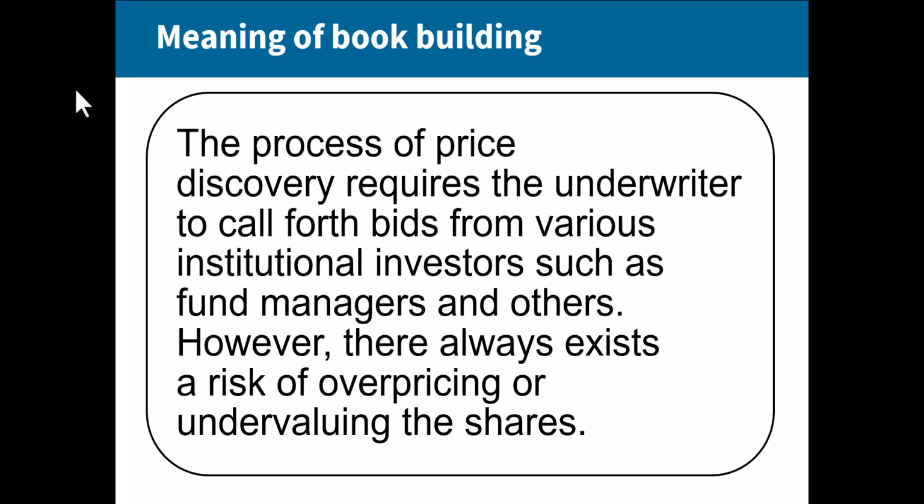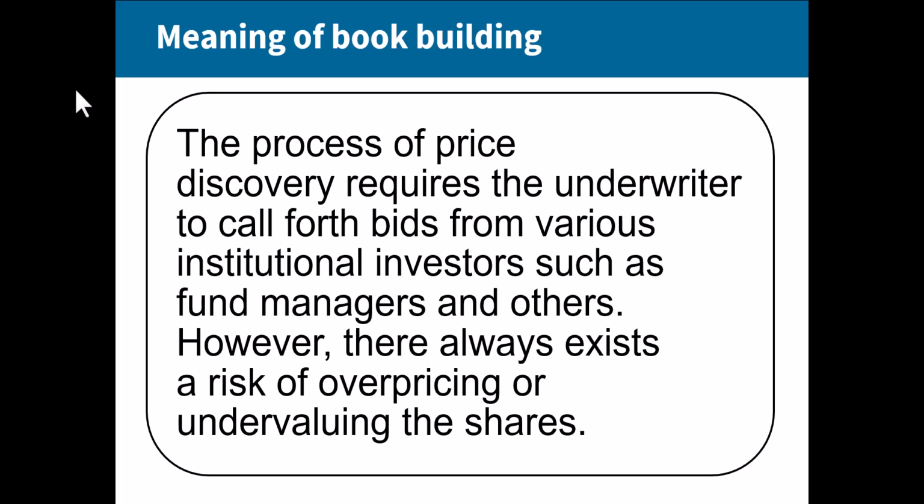The process of price discovery requires the underwriter to call for bids from various institutional investors, such as fund managers and others. However, there always exists a risk of overpricing or undervaluing the shares. So this is the process through which price discovery happens. What should be the right price for an IPO? They call for bids from institutional investors, mainly through fund managers.